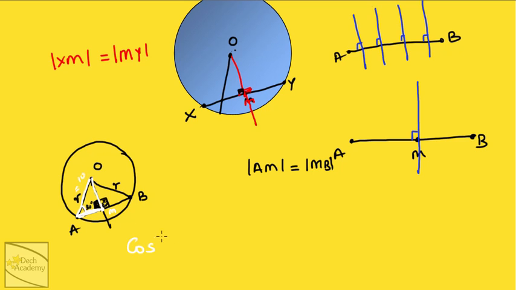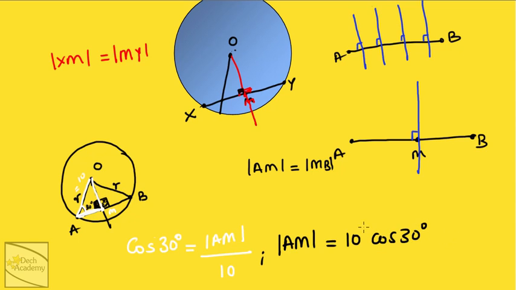From this right angle triangle, you know that the cosine of 30 degrees from SOHCAHTOA is equal to the length of the adjacent side, so AM, divided by the length of the hypotenuse, which means that the length of AM is equal to 10 times the cosine of 30 degrees. This is something you can work out in your calculator. So we've all of a sudden worked out the length of AM.